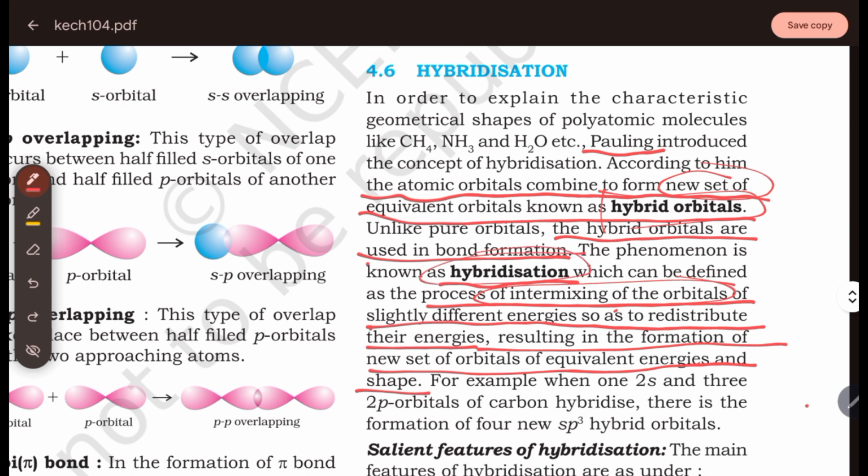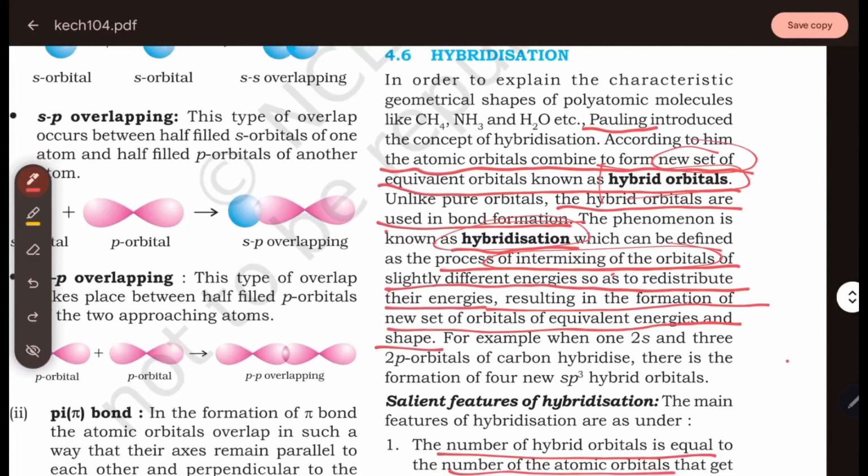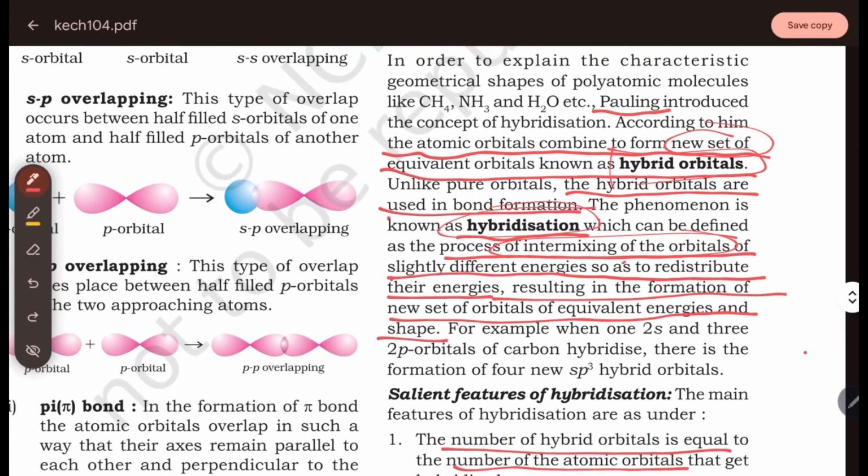During hybridization, the orbitals that are intermixing should not have much difference in energy. When they intermix, they give rise to a new set of hybrid orbitals containing equivalent energies.